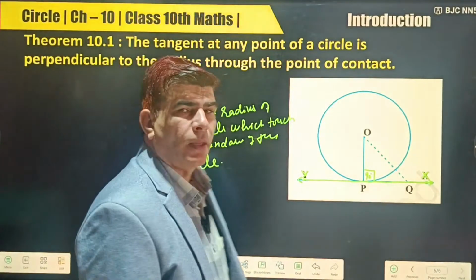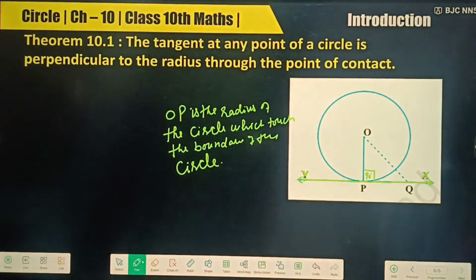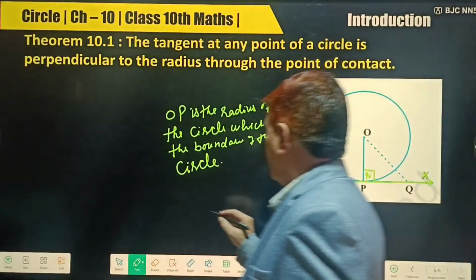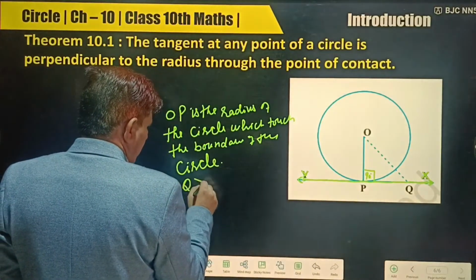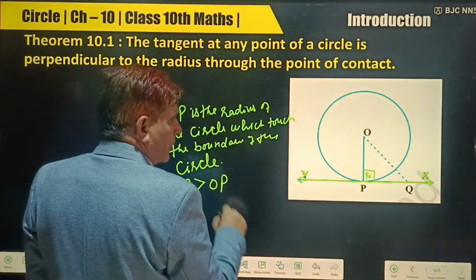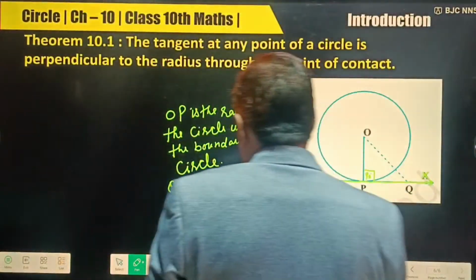We take another point Q on the tangent, so we can say OQ is greater than OP.